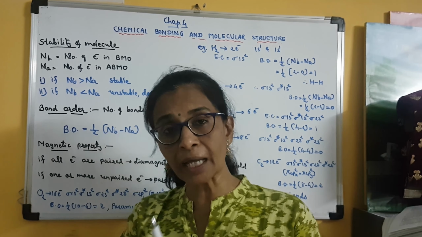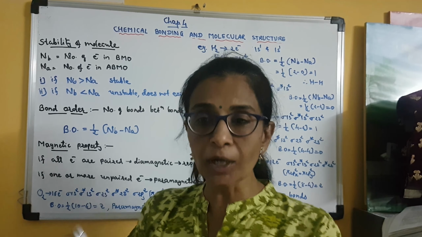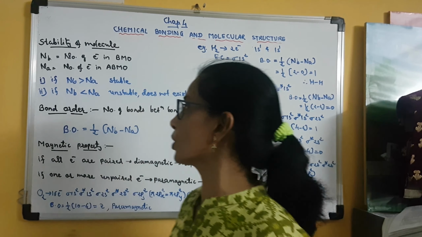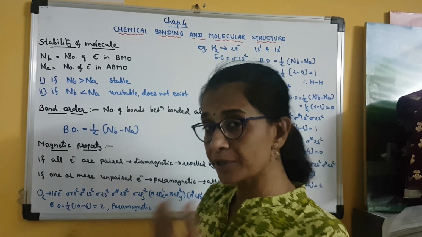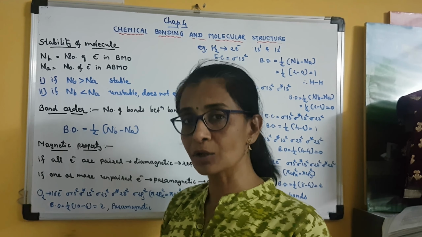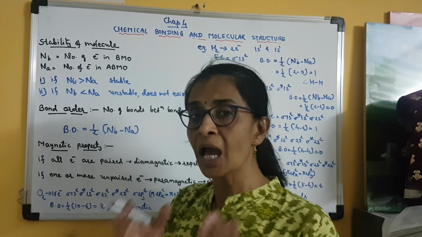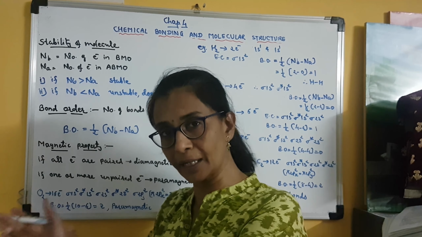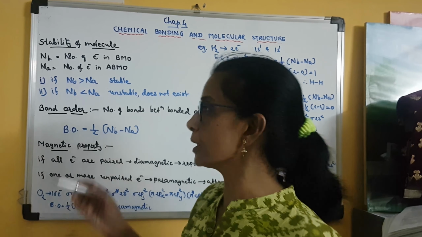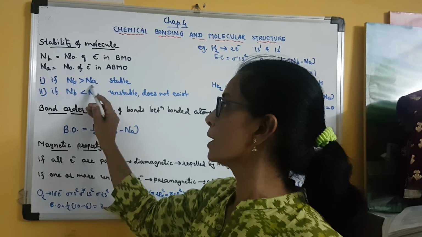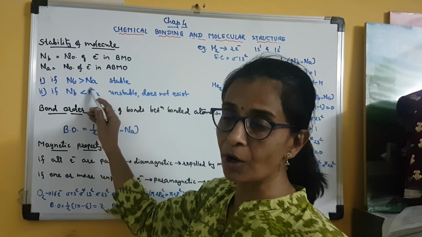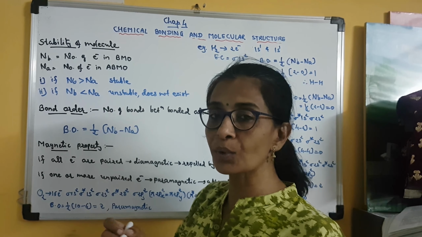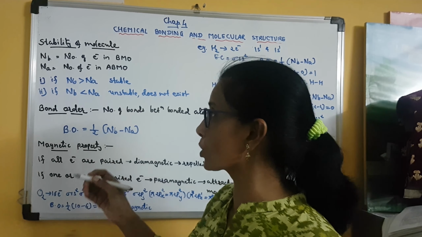So if we take any diatomic molecule of the second period, then after writing the molecular electron configuration, we have to see how many electrons are present in bonding and how many in antibonding. Clear? If bonding electrons are more in number than the electrons in antibonding, then that molecule will be stable. Now when we take one by one each example, it will be more clear.